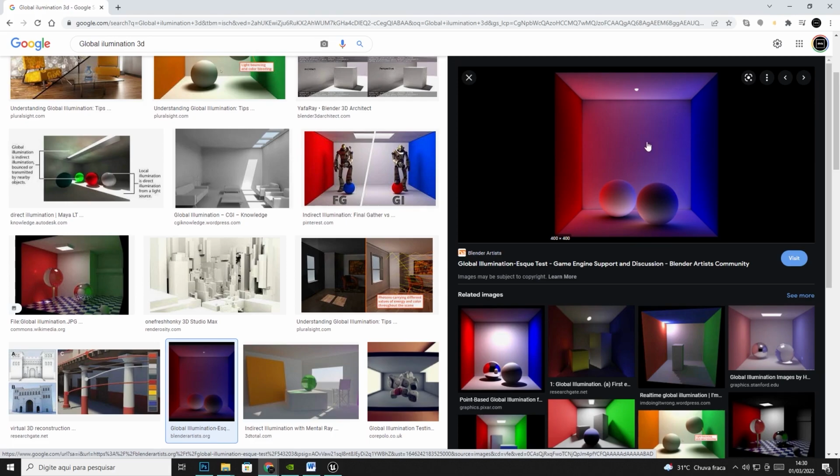Why? What's happening here? Well, the GI, the global illumination, is happening, and it's being bounced, okay? Here, and bounced here, like this, you see? And the light is doing this movement until it stops bouncing, okay?